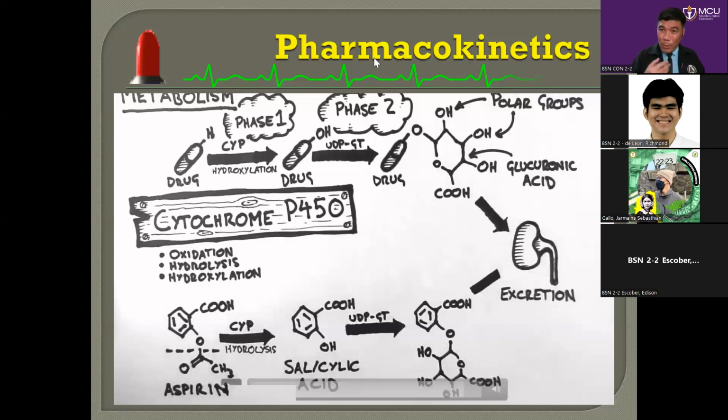So pag ang liver po ay merong damage, such as cirrhosis, such as hepatitis, such as any disorder affecting the liver, most ng nagmamanifest ay yellowish discoloration sa mata at saka sa skin, or that's what we call jaundice. It's because pag may liver problem, the concern is it will not regulate the level of bilirubin.